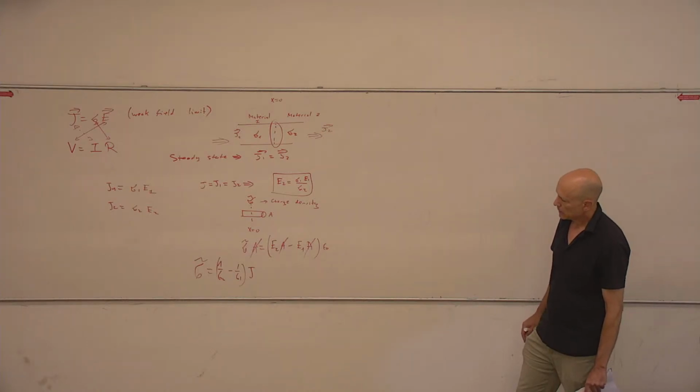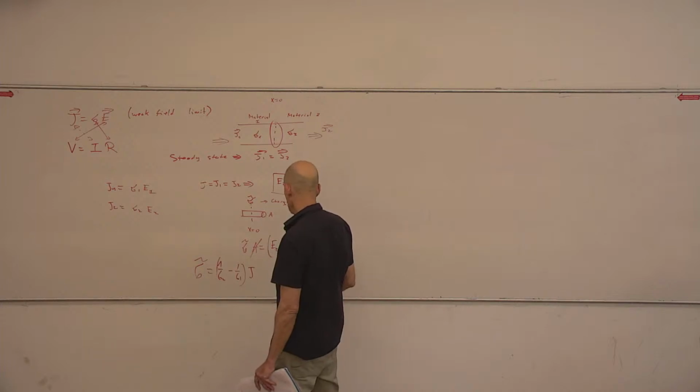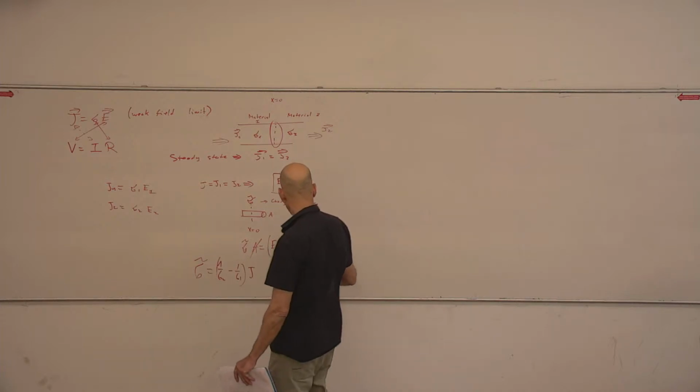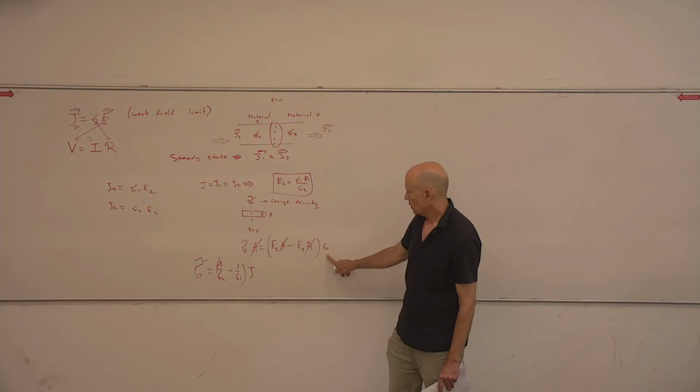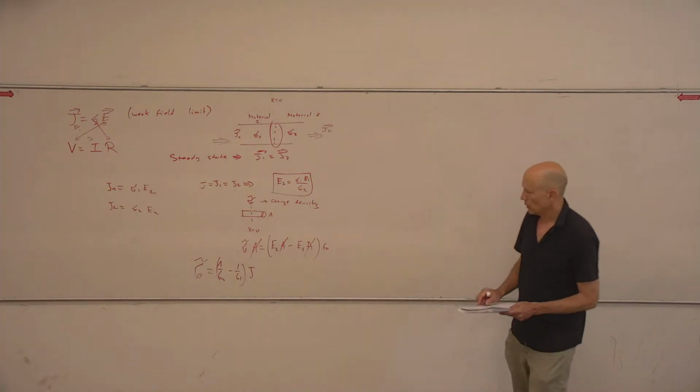Okay? Yeah, where does the epsilon 0 go here? Okay, please check this. And then we need to fix this later.